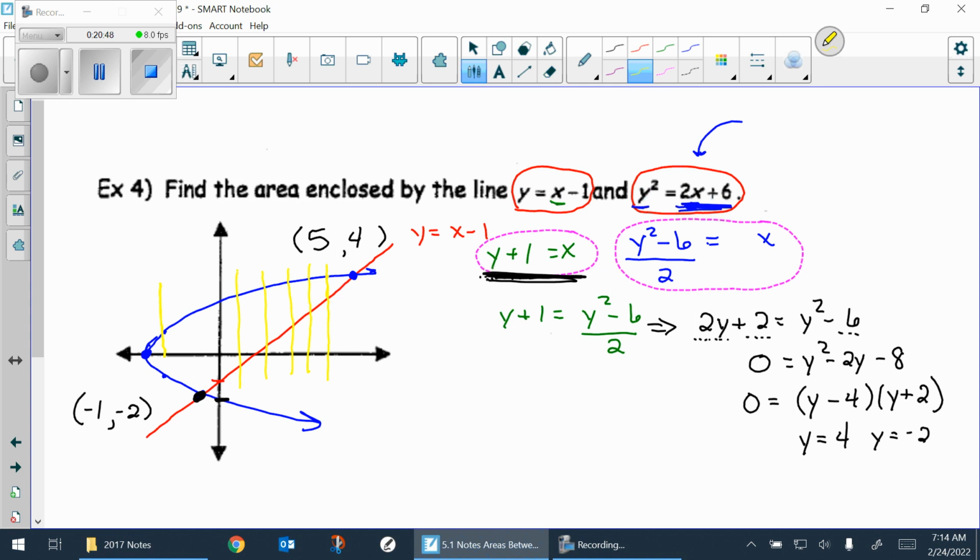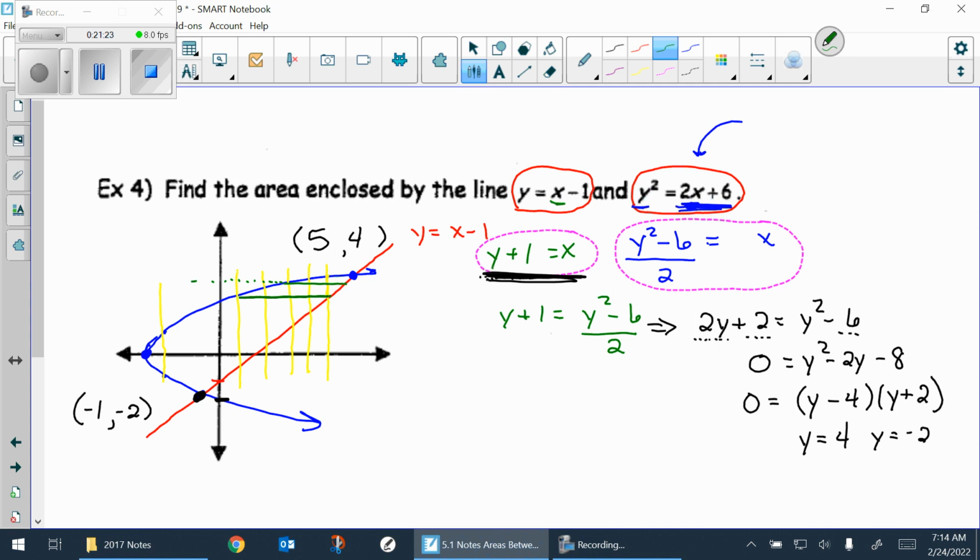Until I get over here. Now I hit blue as big, blue as little, and red isn't even involved in this region. And if that's the case, I can't slice vertically. I'm going to slice horizontally to get from big to little. Red is on the right of blue for this entire region. If I slice horizontally, my slice would eventually hit the y-axis, so I'm suspicious everything's in terms of y.